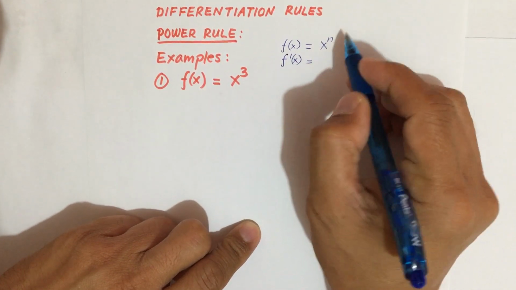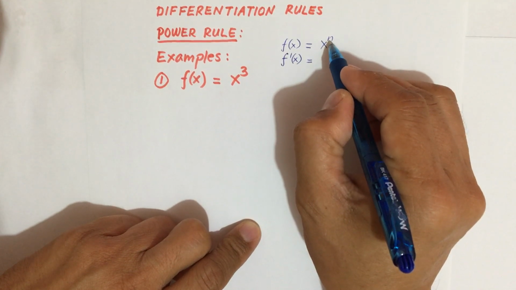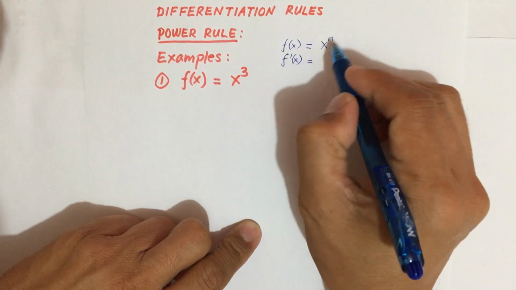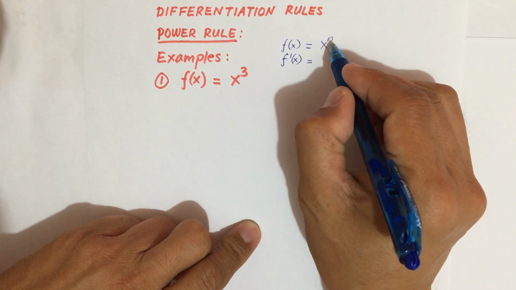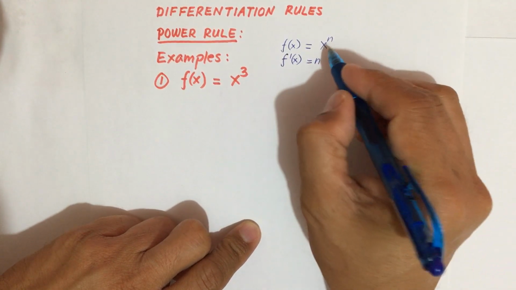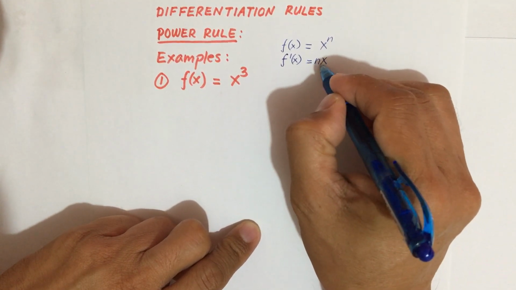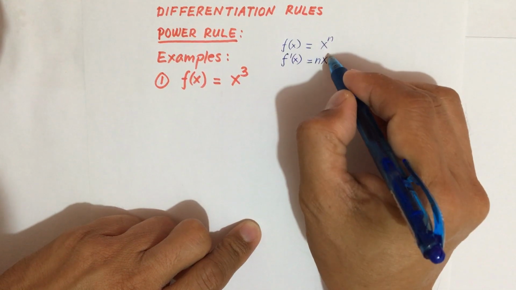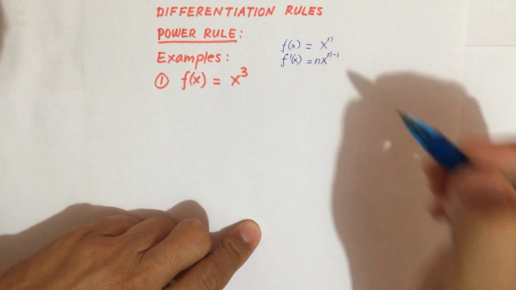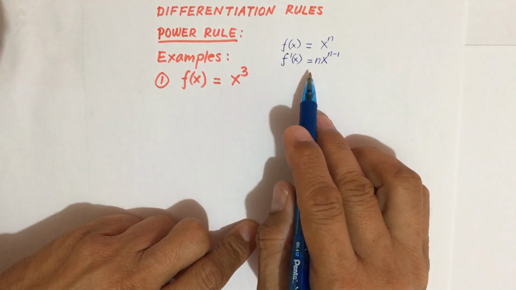The n is the exponent, x is the base. The rule is you bring down this exponent and multiply it with the base. Then our exponent now should be n minus 1.